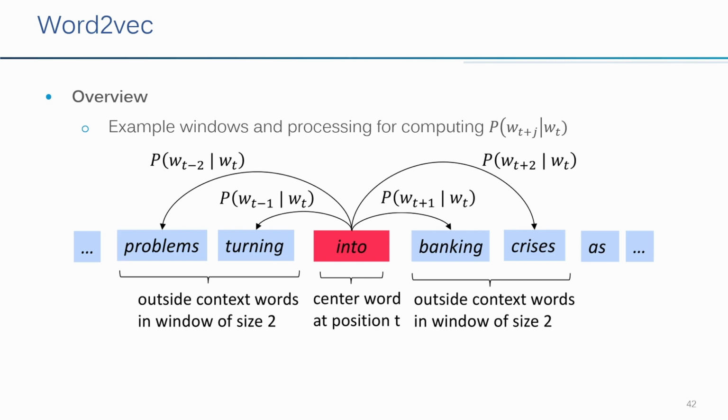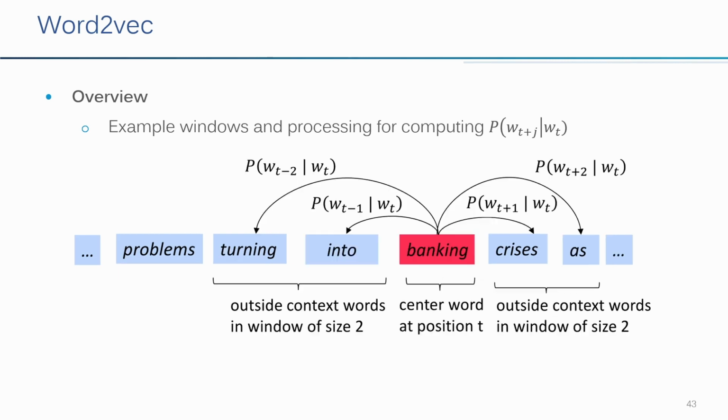And then we move the center word over our text over and over until we pass through the entire text, in the hope that by calculating these probabilities in this window and making the adjustments accordingly, we'll be able to have a better representation. So before, the word was our center word, now it is our context word because we are considering banking our center word. And you keep doing this over and over again until you finish your entire corpus.